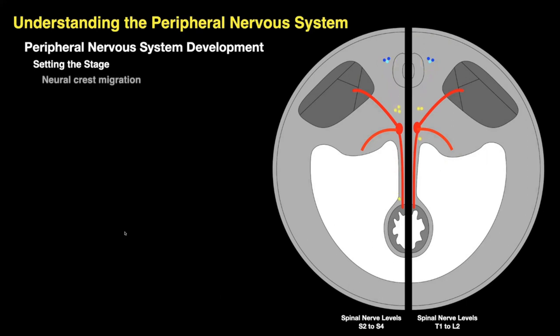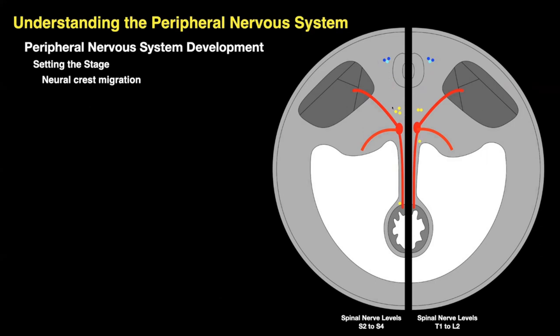Notice how they migrate. Some of them don't migrate. They stay put up here dorsal lateral to the neural tube, whereas others migrate, and what these migrating neural crest cells are seeking is developing smooth muscle.